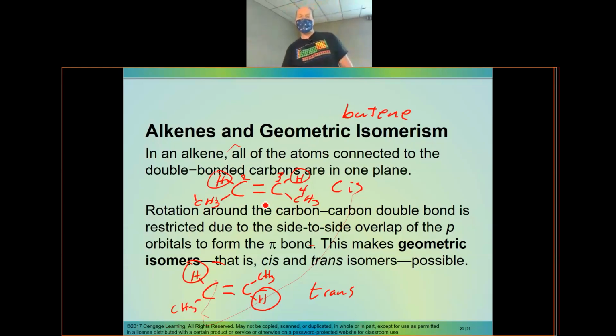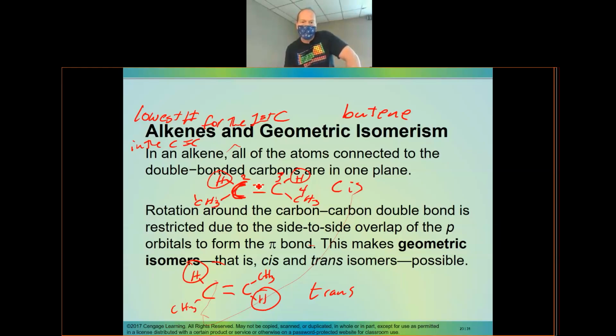Now, in order to get the position of the double bond, you must use the lowest number possible for the first carbon in the carbon-carbon double bond. All right, and so your carbon number 2 is when your double bond starts.